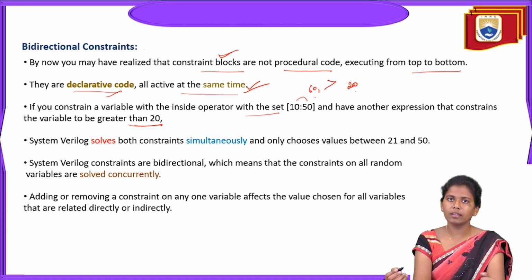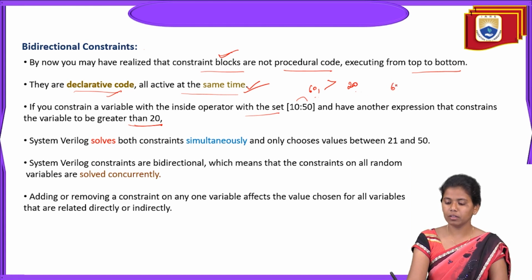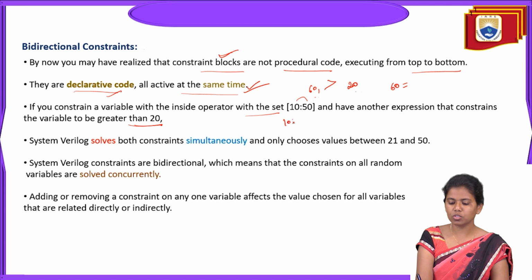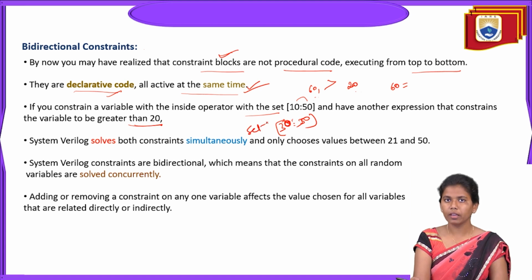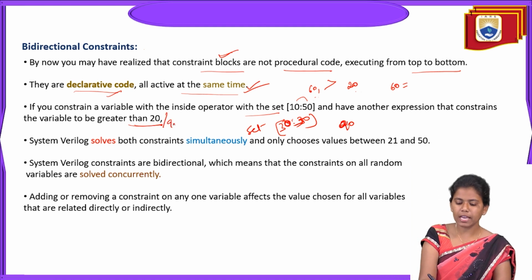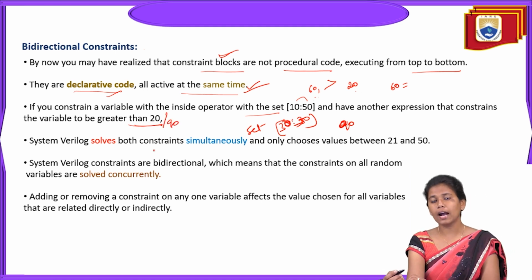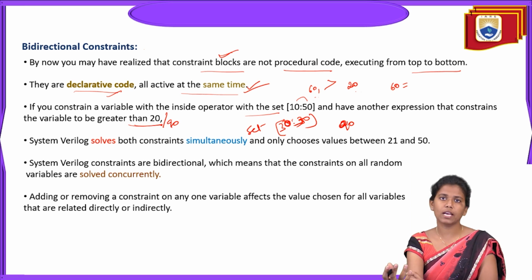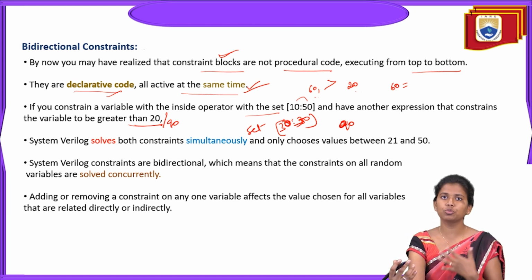In another example, consider 60 as a set 10:50, or else 30:30. 30:30 is a set, which is to be less than 90. Here I changed the values, because being a designer I have the right to change the variables in order to overcome the randomization.